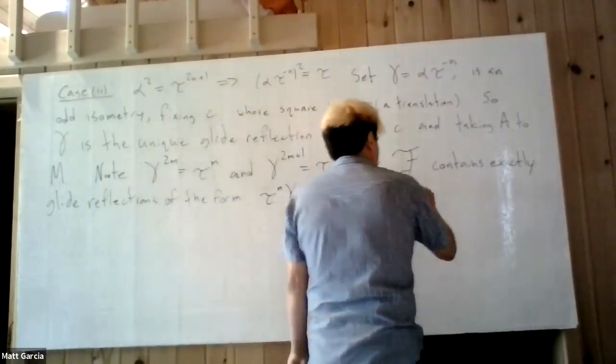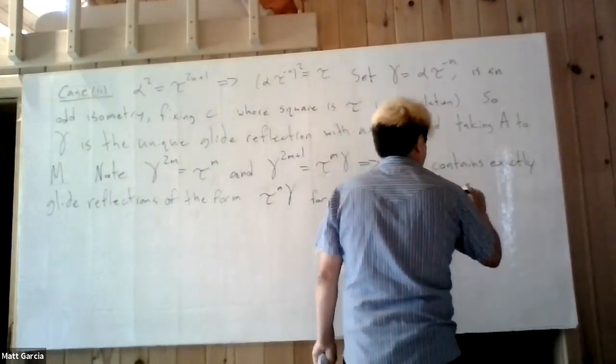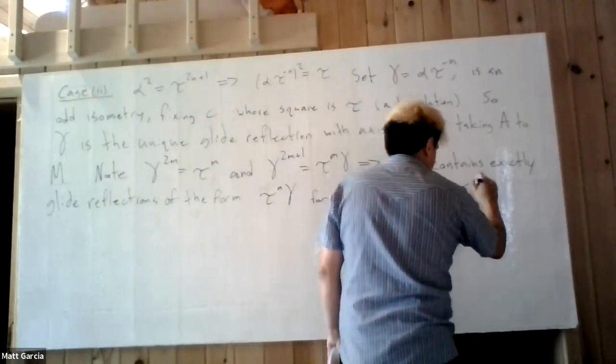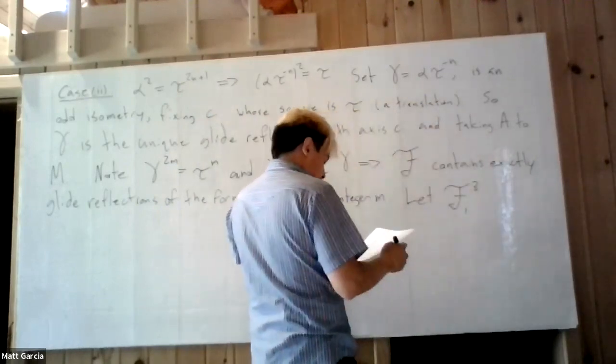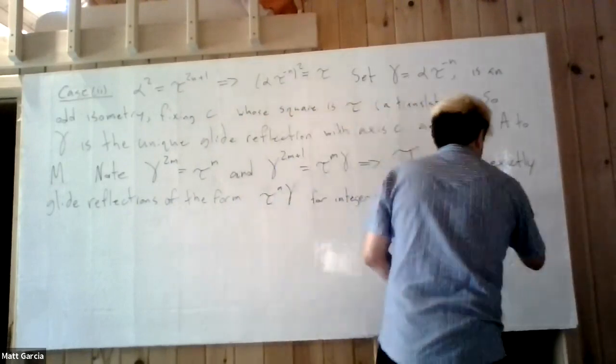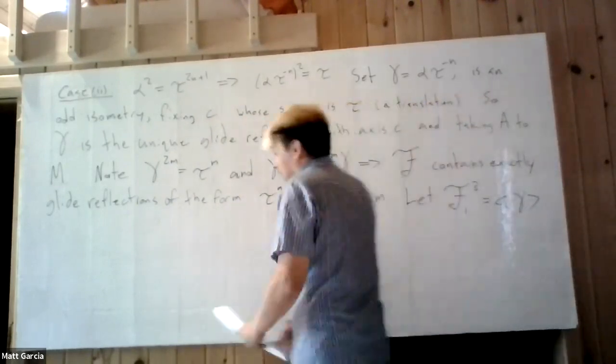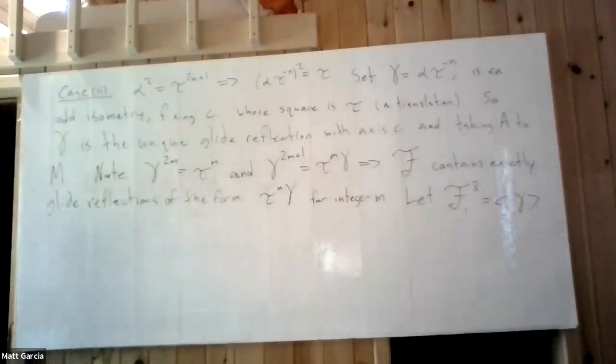So therefore, we just let F13 be the group which is just generated by gamma. Okay.